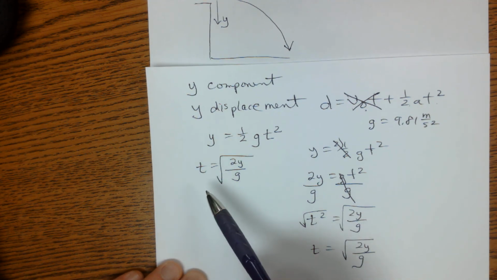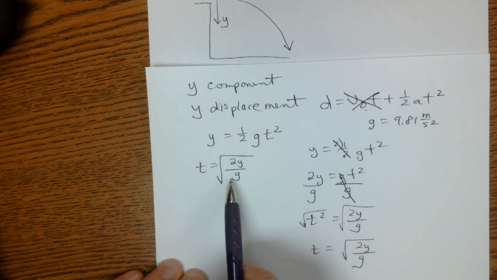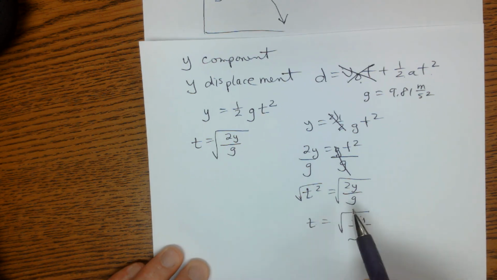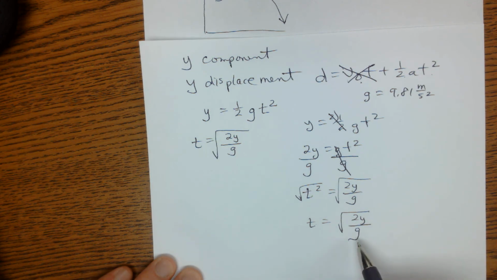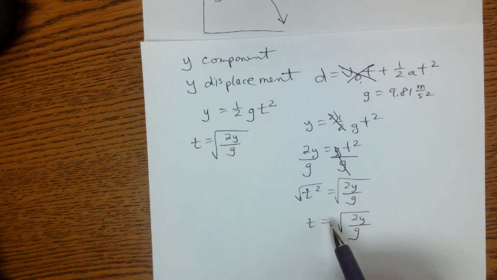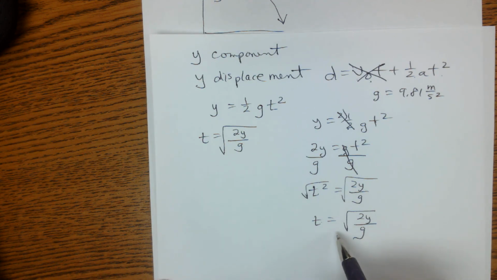And then if I want to know how long that thing is in the air, I just simply rearrange it for time. And it's important to remember, when we start to deal with our x component, we already have a formula for time, and that time is the same for both the x and y components. So as we go to calculate our x displacements on this, we can use this time formula right here.